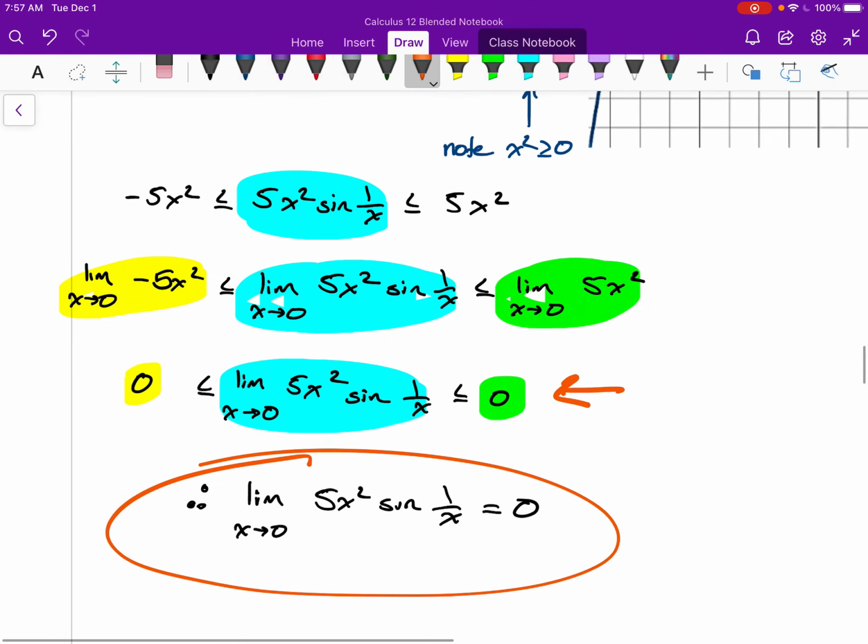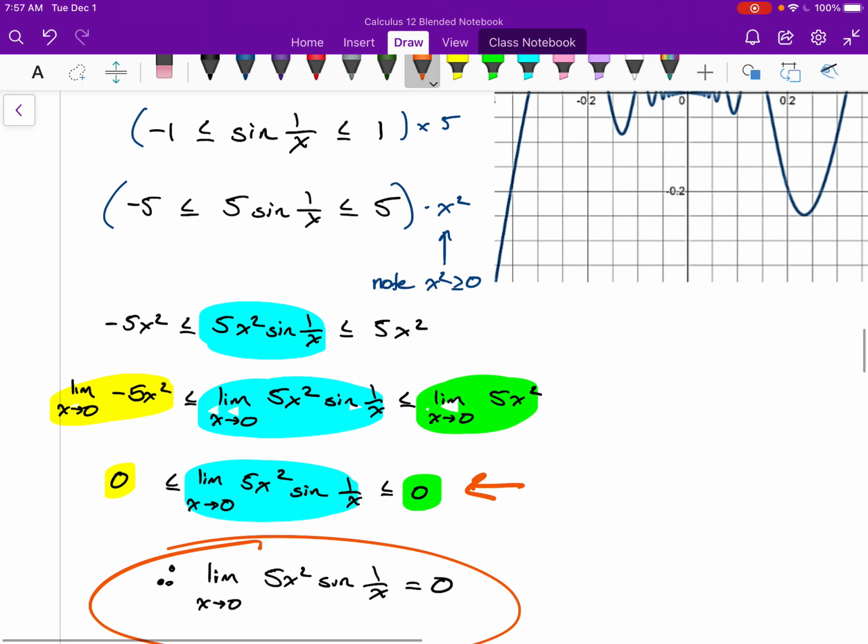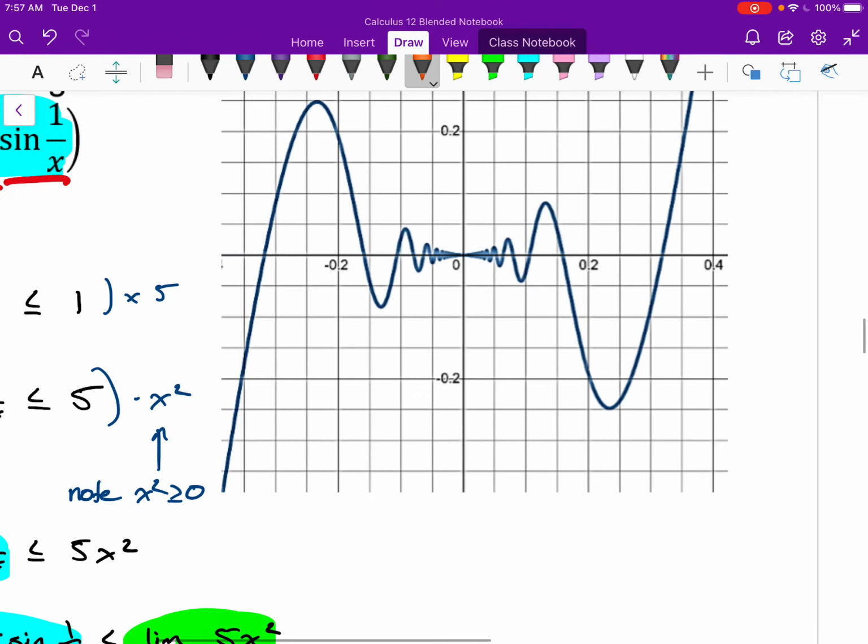And because the statements above were always true, I know that when x was shrunk down to 0, this limit must be between 0 and 0. And you can imagine two parabolas, one looking something like this, and one looking something like this. One being positive 5x squared, one being negative 5x squared.